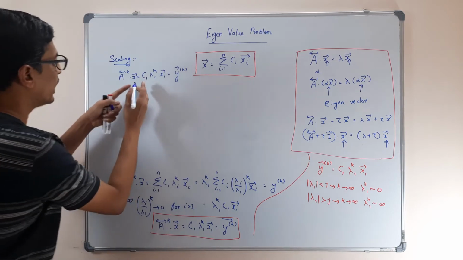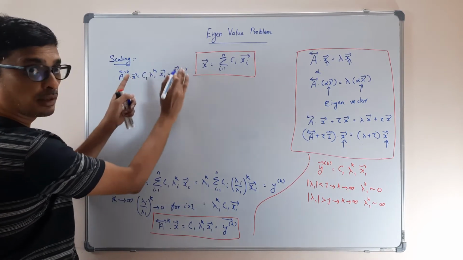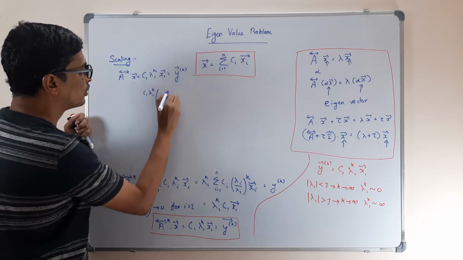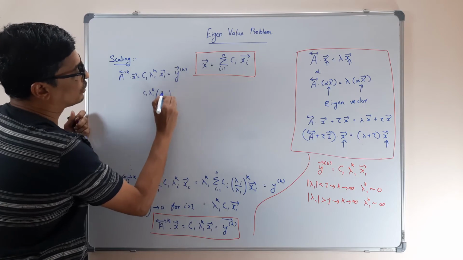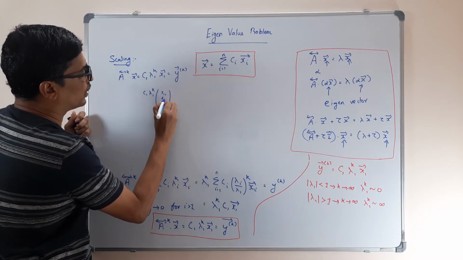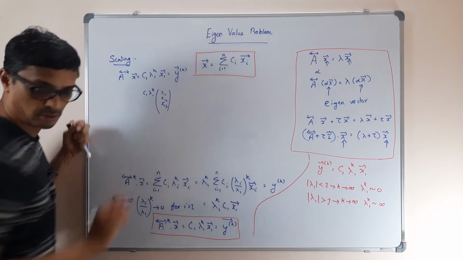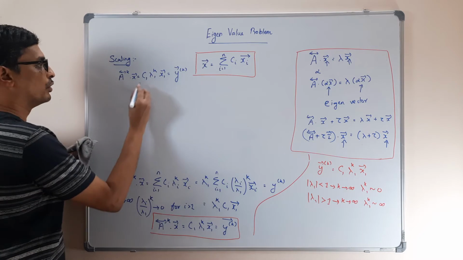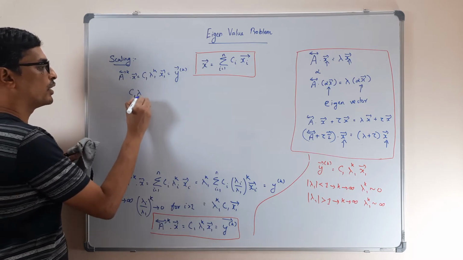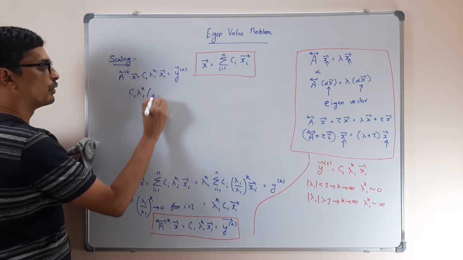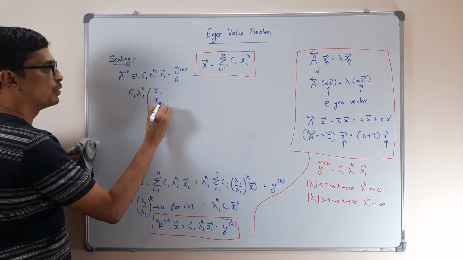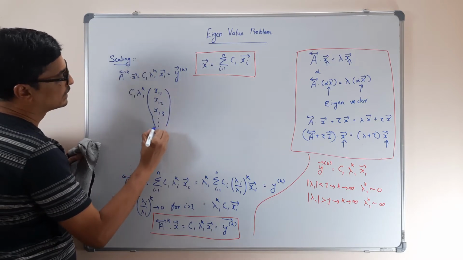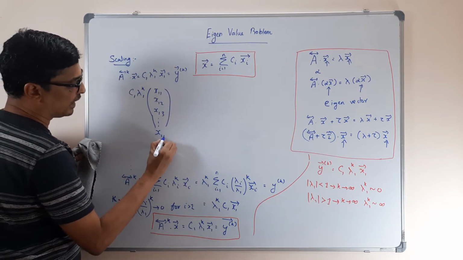This is all numbers. If we write it in matrix form, it looks like c1 lambda 1 to the power of k times a vector x11, x12, x13, and so on, which we write as x1i.